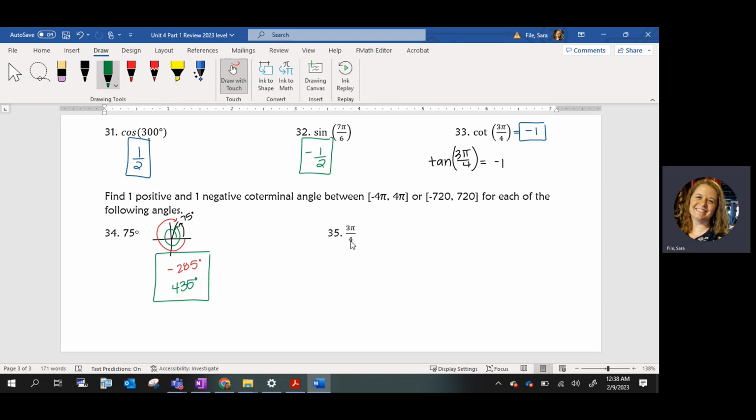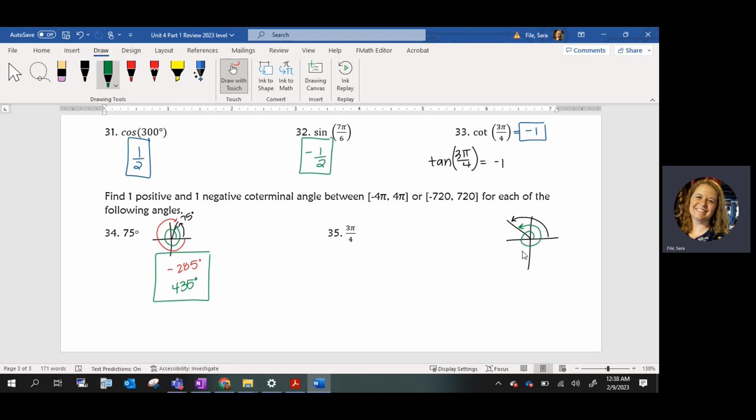Now this one's in radians, so instead of adding or subtracting 360, I'm going to add or subtract 2 pi. If you need the visual, let me sketch it for you. 3 pi fourths is right here. So if I want to add a full circle to that to get my positive coterminal, you can think in terms of fourths if that's easier.